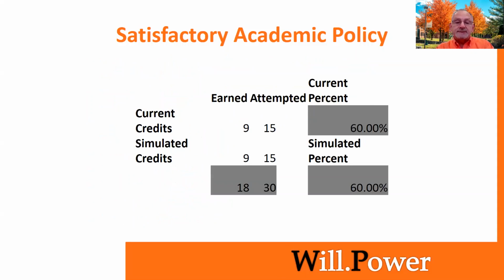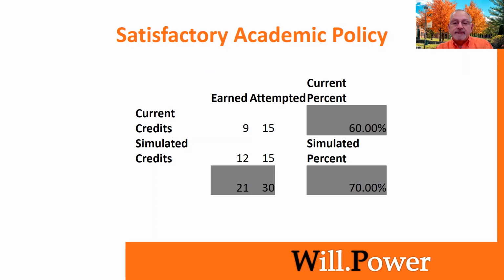Specifically, here is someone who has 9 earned credits and 15 attempted credits, and that would be 60%. Now let's say in their second semester, they also earned 9 credits out of 15 attempted. They would be at 30 credits, but at 60%.